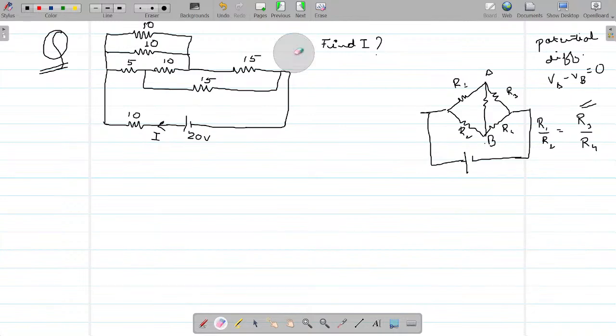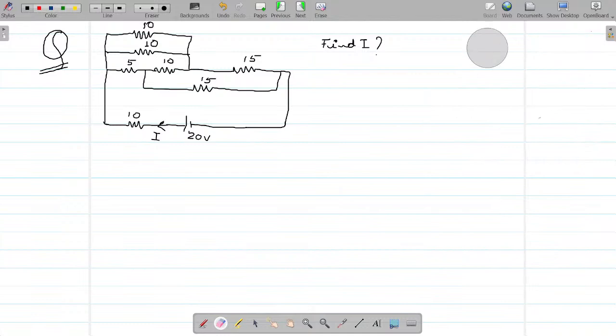Okay. Now, try solving this question given to you in the figure. Look closely and tell me, do you see any bridge kind of structure in this question?